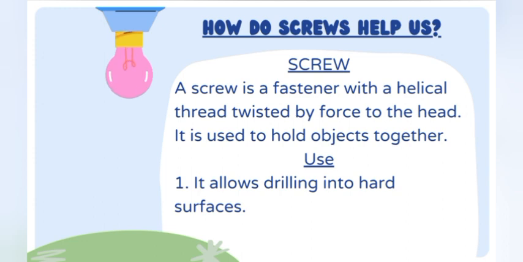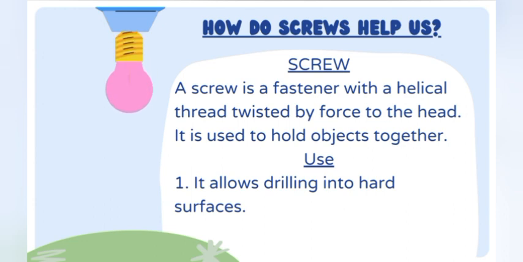So what happens in screw is that your screw is more or less like a fastener. You fasten it, you drive it, you fasten it. Take for instance, you have a log of wood, or you have a simple wood. You fasten it, or you drive it into the wood, and it has a helical ridge. The essence of the helical ridge is to allow the easy movement or the easy fastening of the screw into the wood, you know.